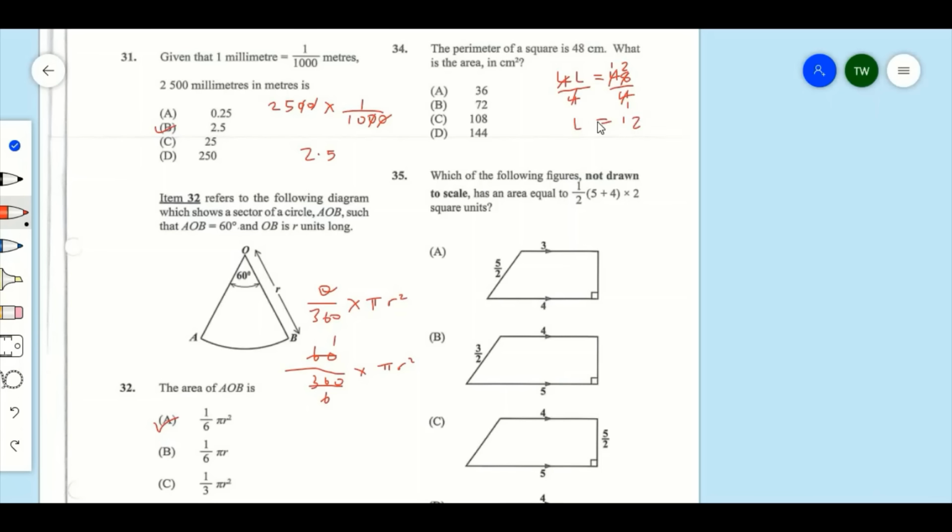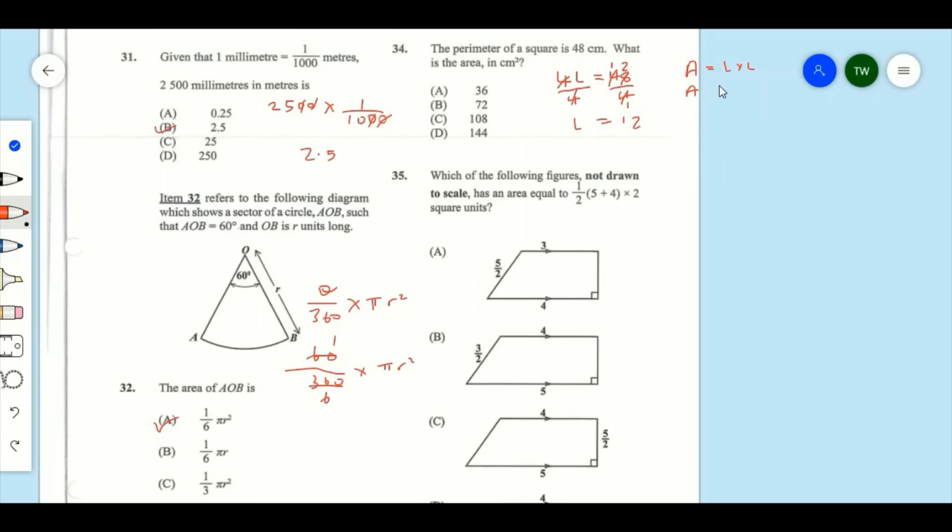Now to determine the area of the square, it is going to be the length multiplied by the length. So area, which is A in this case, is going to equal length times length, which is just length squared.